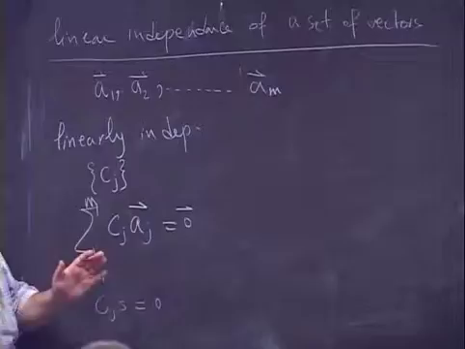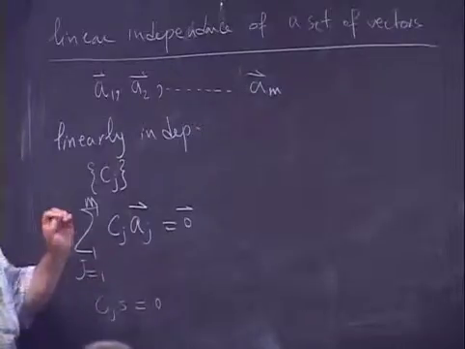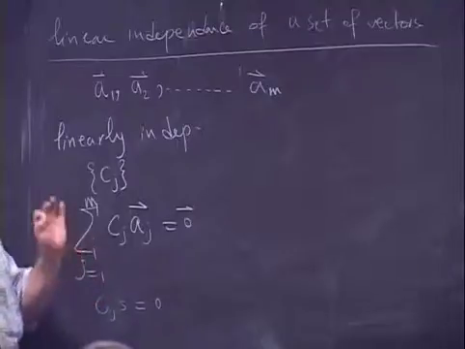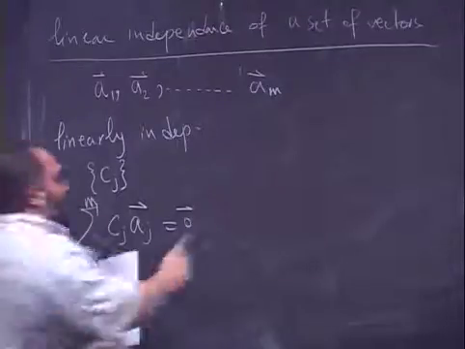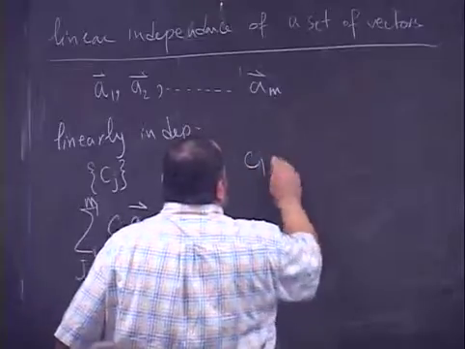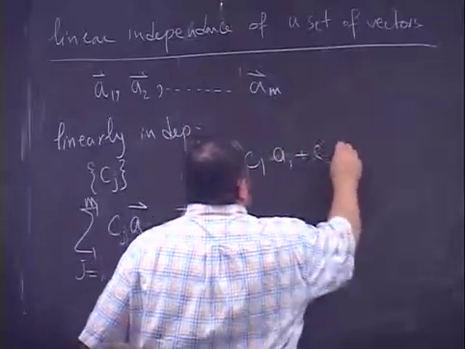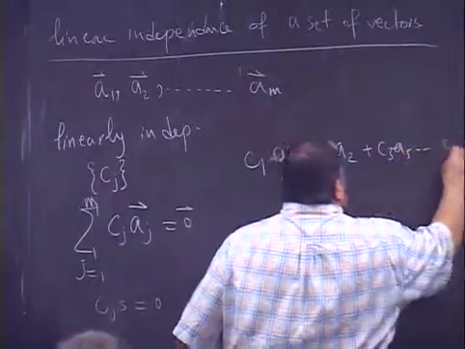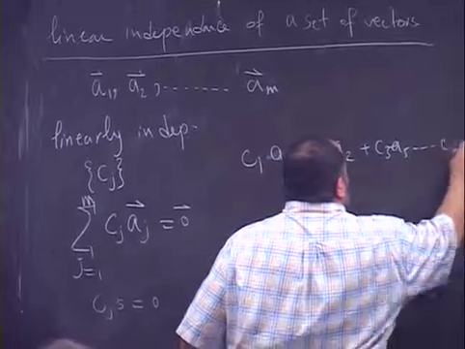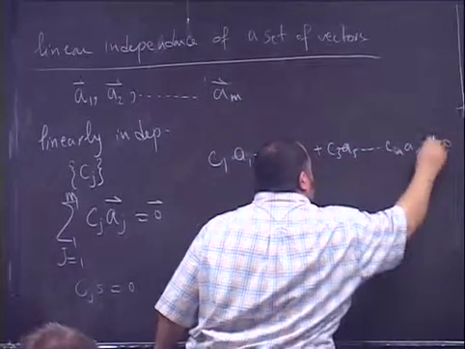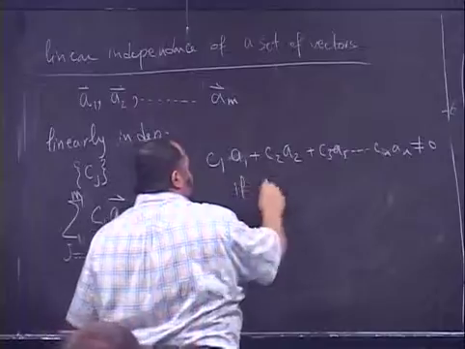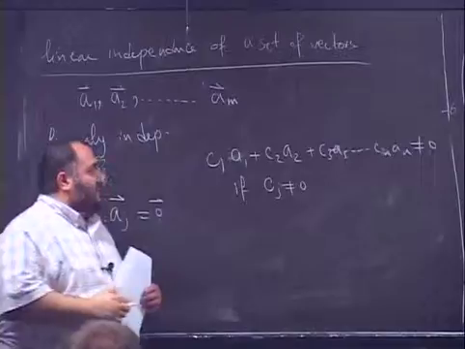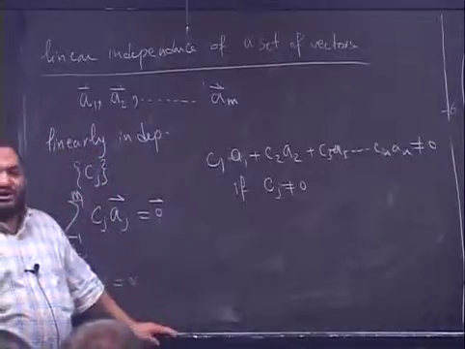Otherwise, if they are not equal to 0, you will not have the equality. So you will have C1 A1 plus C2 A2 plus C3 A3 up to Cn An not equal to 0 if the Cj's do not all equal 0. So in this case, they are linearly independent.